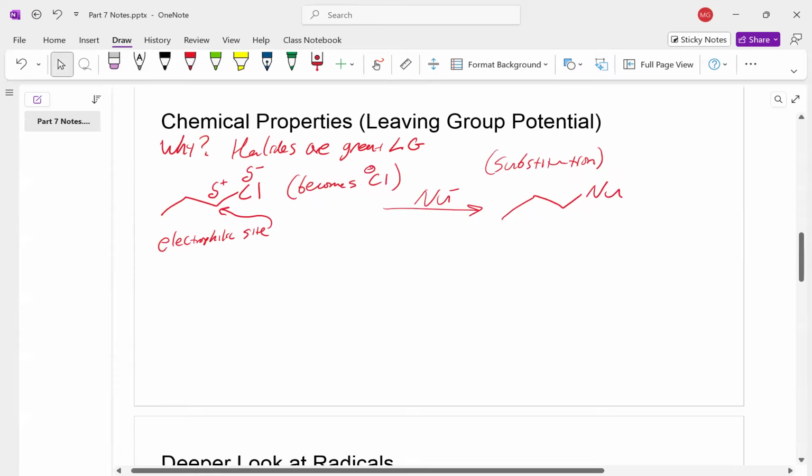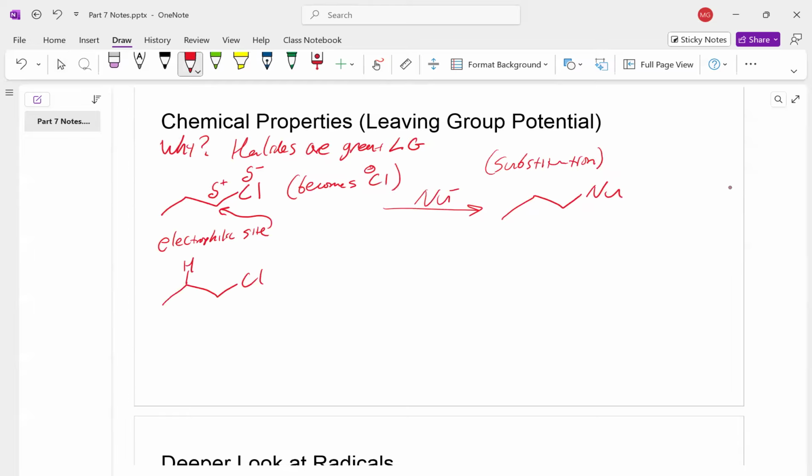Or something else that we can do is instead of throwing a nucleophile at it, we can use a base, and instead of doing a substitution, we can eliminate the leaving group. I'll go a little bit deeper into both of these further on down the road in this unit.